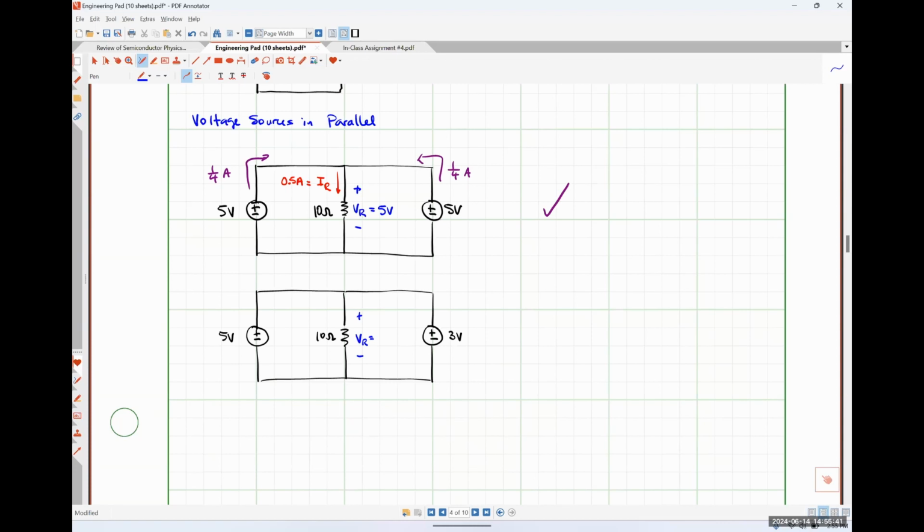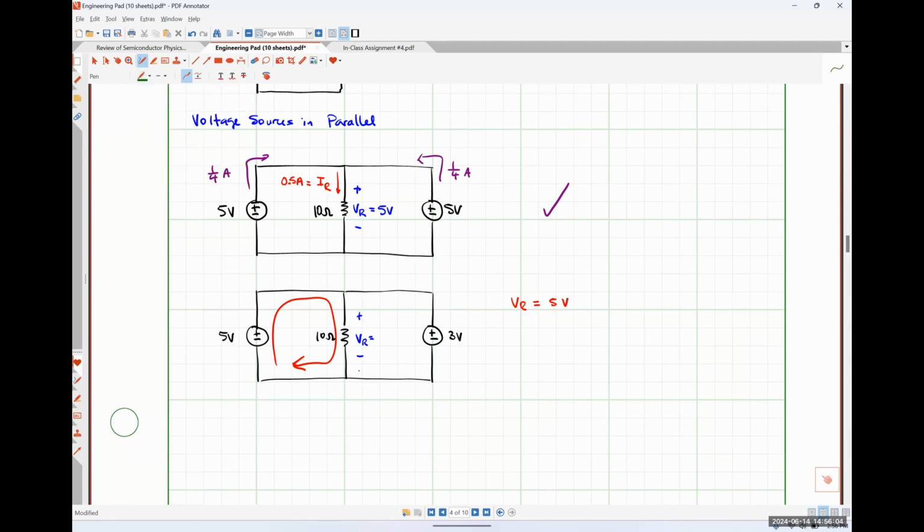The short answer here is that we cannot use circuit analysis to analyze this particular network, and I'll explain why in just a moment. If we were to write a KVL equation around this left-hand loop, we would see, I hope very easily, that VR is equal to 5 volts.